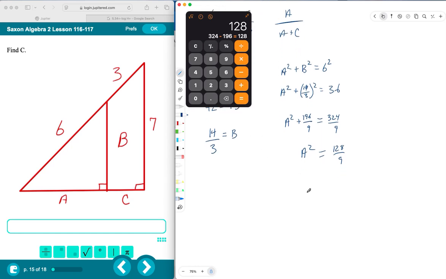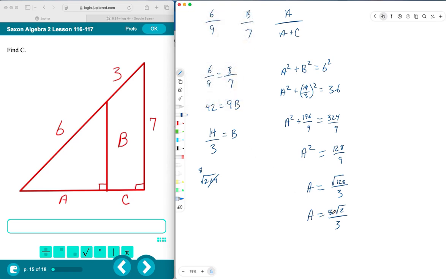So that's going to be, A is going to be equal to the square root of 128 over 3. Let me find the square root of 128. If I divide that by 2, 2 times 64, that's going to be 8. So A is equal to 8 times the square root of 2 over 3.